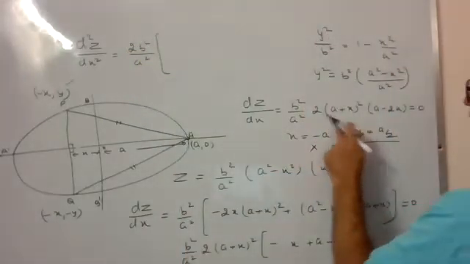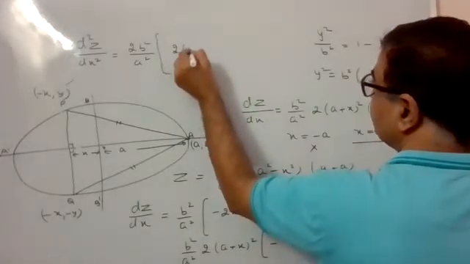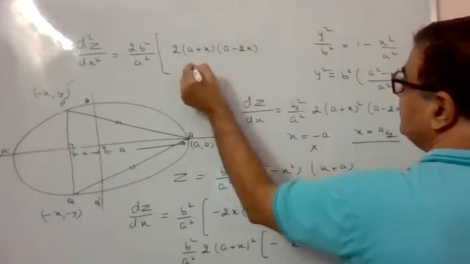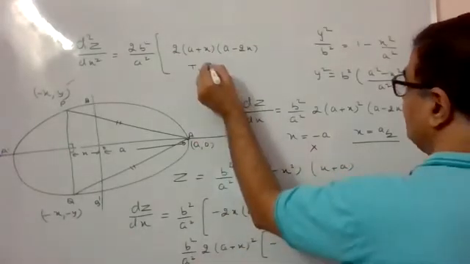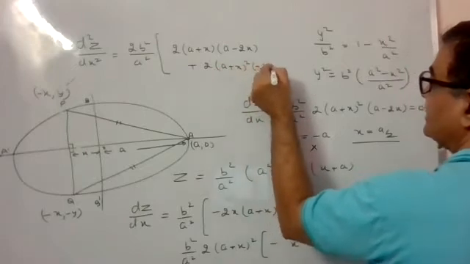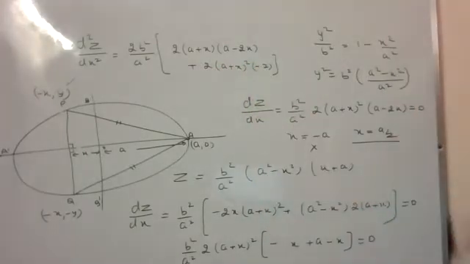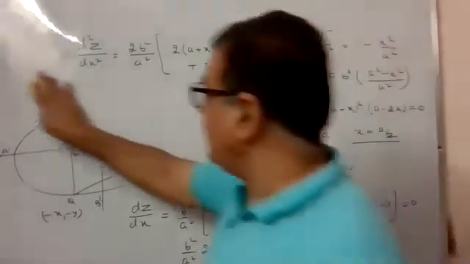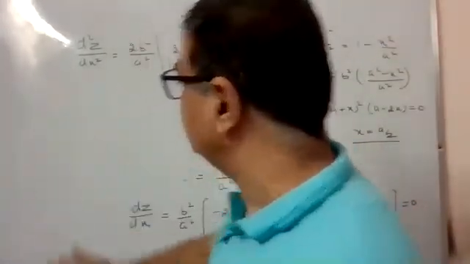Now when you differentiate this, it will come 2 times a plus x into a minus 2x plus 2 times a plus x whole square into minus of. And now we will check whether this is maximum or minimum.